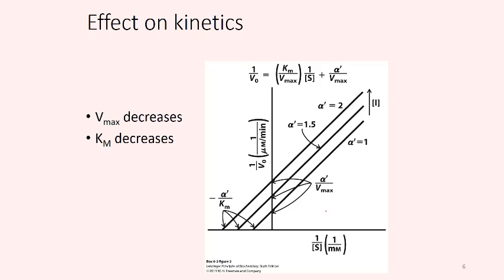That seems a little counterintuitive because you would think an inhibitor would be detrimental to the enzyme, so you would expect a detrimental effect on the Km. But it doesn't. That's because when you take the enzyme substrate complex out of commission, you're lowering the number of enzyme sites available to do chemistry. Exactly. Because you're knocking out active complexes, it's going to take less substrate to saturate the enzyme.